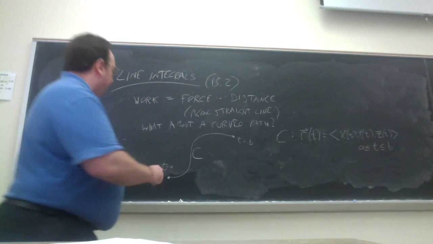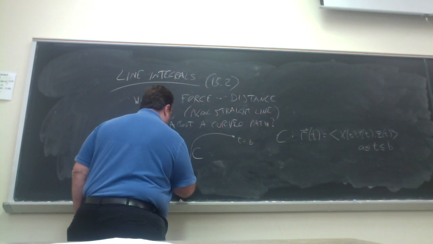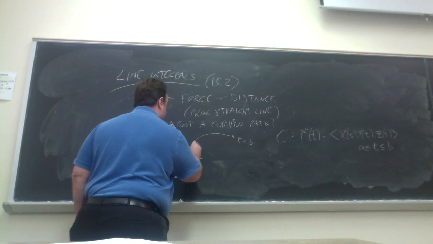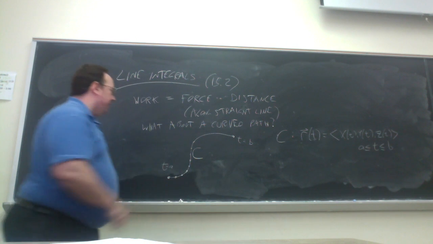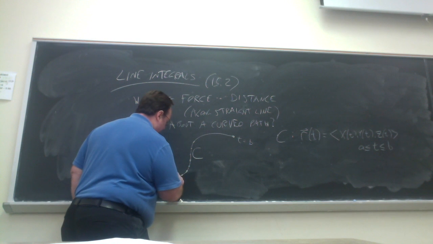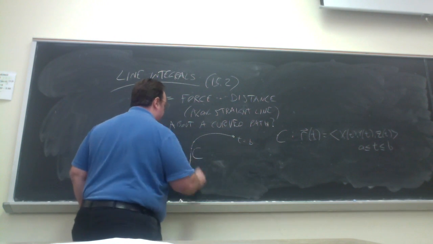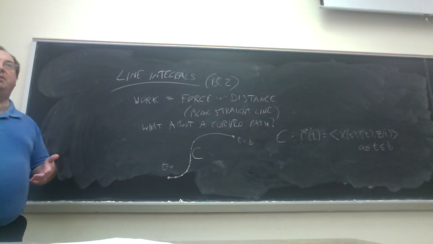So if you were to divide a curve into many small segments, then you could think of each of these segments as essentially being straight lines. It may not be exact, but of course, as you make your segments smaller and smaller, that's a better and better approximation.